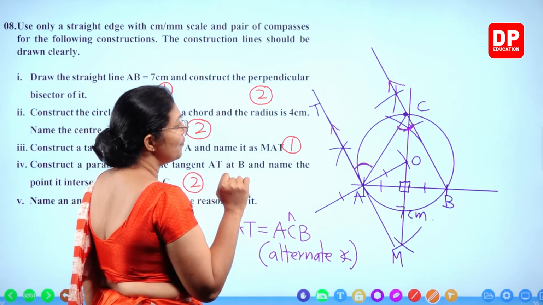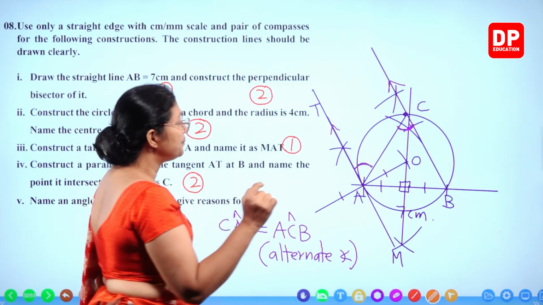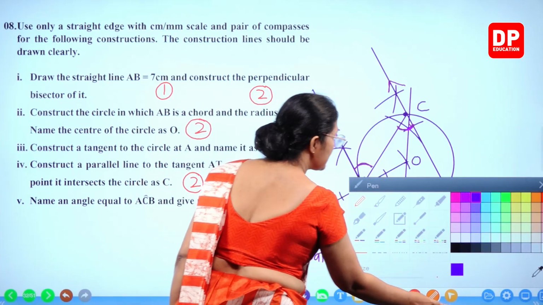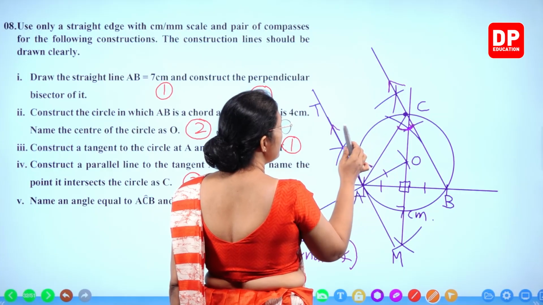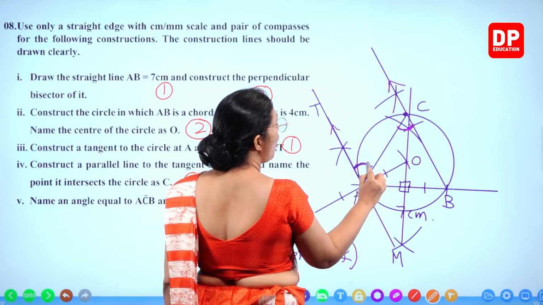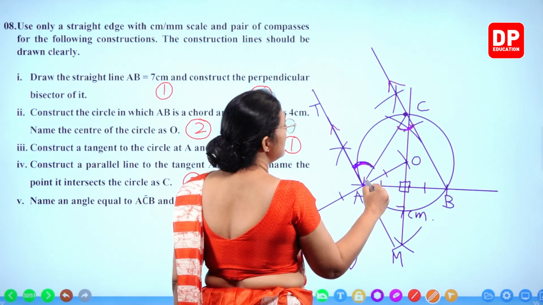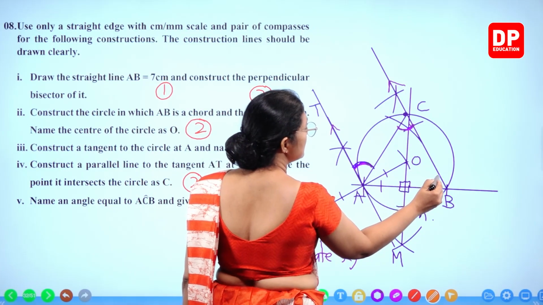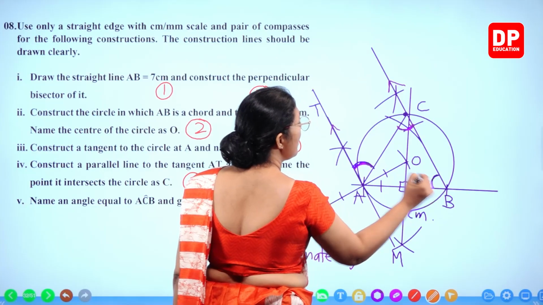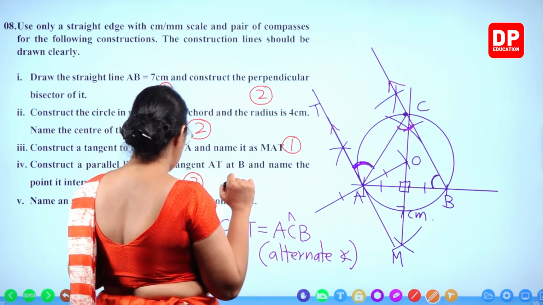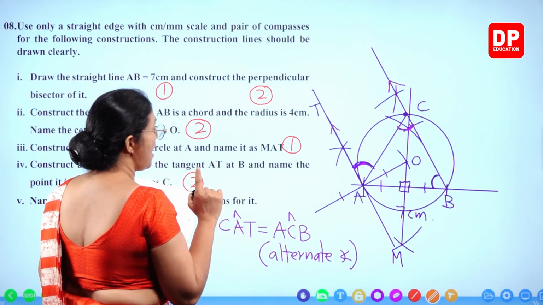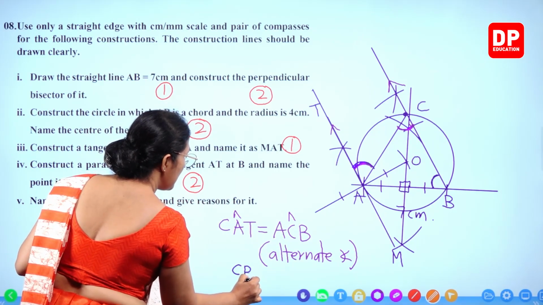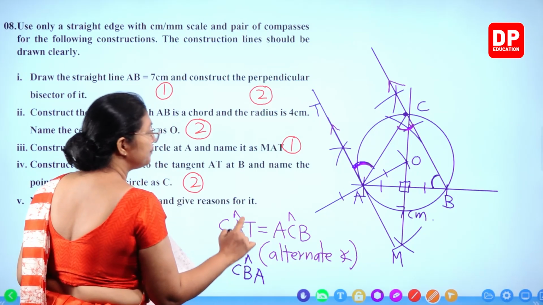And also, can you remember the alternate segment theorem? Alternate segment theorem: the angle between the tangent and the chord is equal to the opposite segment angle. So this one also you can write, CBA angle. So there are so many angles. CBA also you can write.